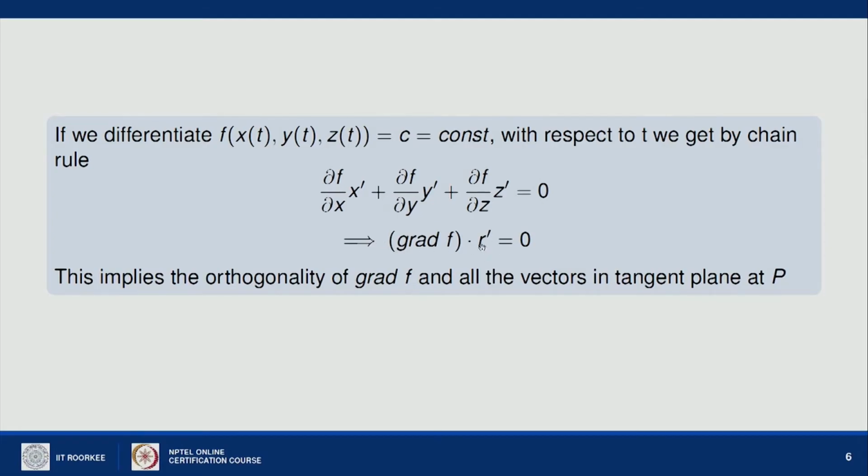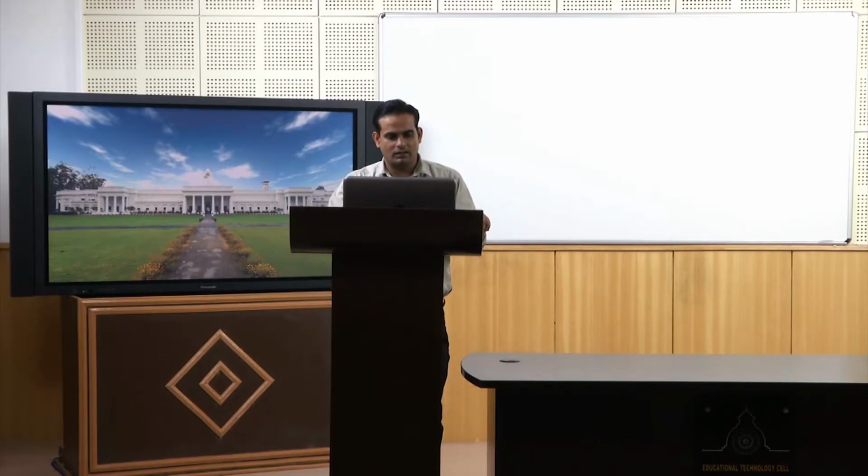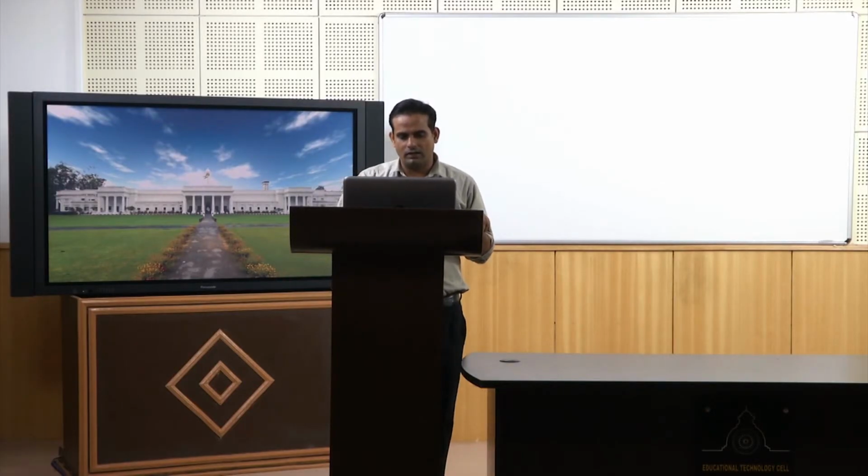Now, r dash is a tangent vector, and this tangent vector has dot product with grad f equal to 0. So, it means grad f is perpendicular to r dash. This implies the orthogonality of grad f and all the vectors in the tangent plane at P. Now, based on this fact we have this result.